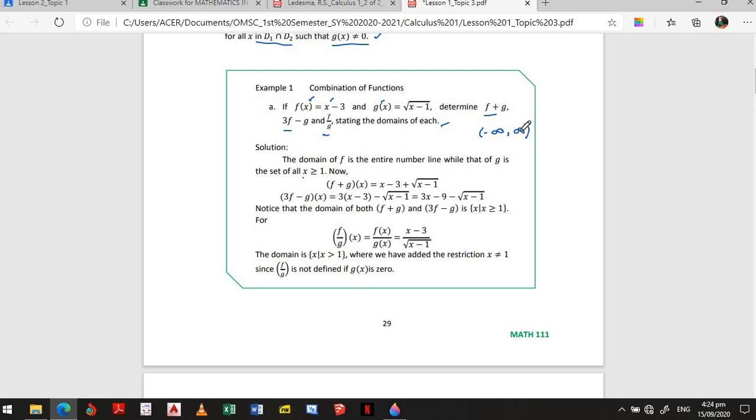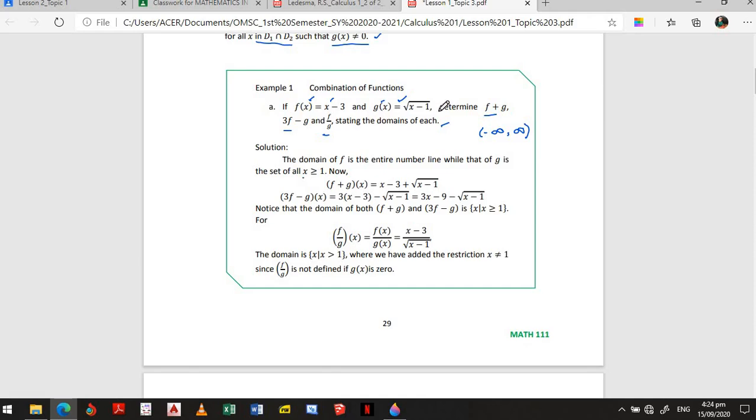Since f of x is a polynomial function defined by the linear expression x minus 3, the domain of f of x is the entire number line. But here in our g of x, we are given the function square root of x minus 1.